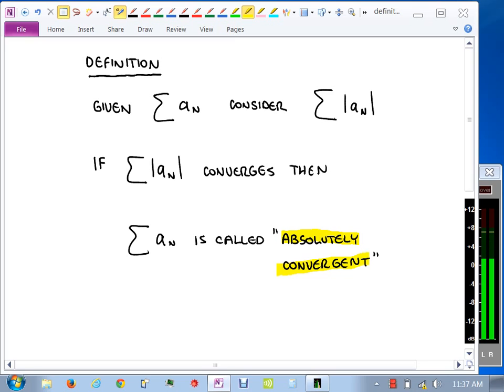This says, look, if you have some series, then if you look at the absolute value of all of its terms, and if that converges, then the original series is just called absolutely convergent, meaning the absolute value of its terms converges. That's all. So it's not like some super convergence, absolute convergence. It's not that. With me? All right, let's look at an example.